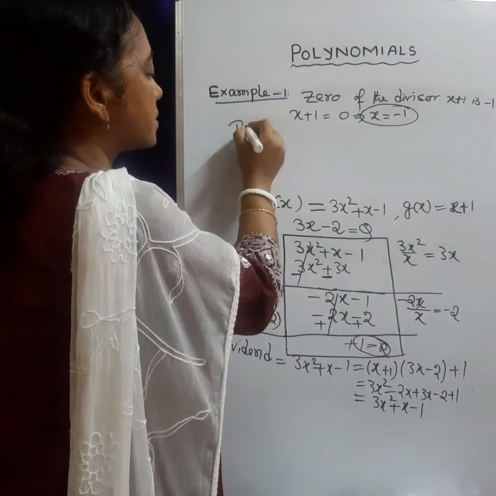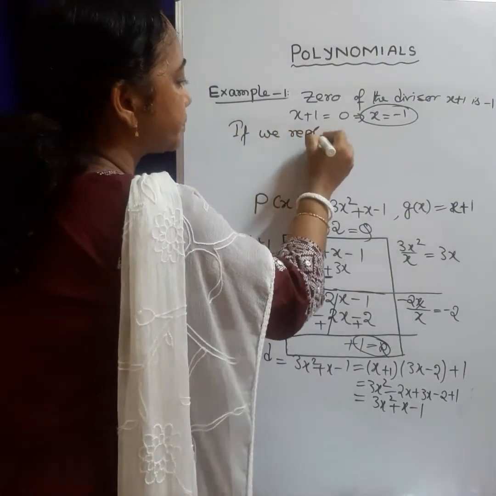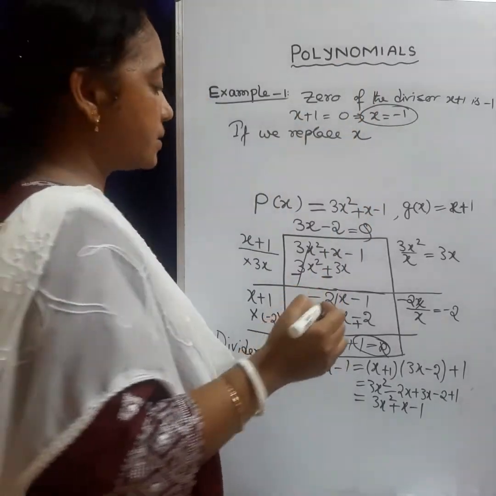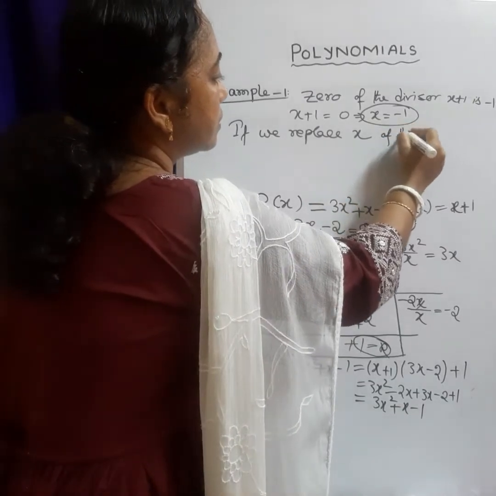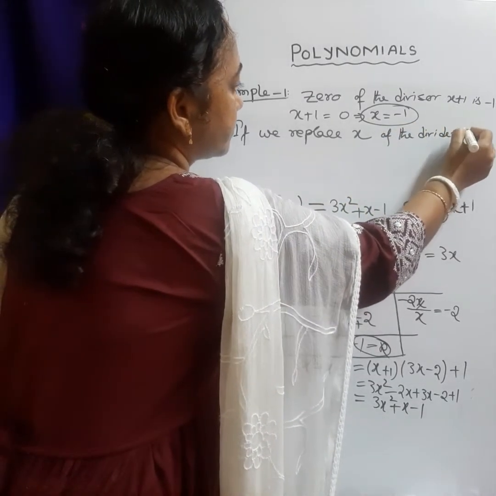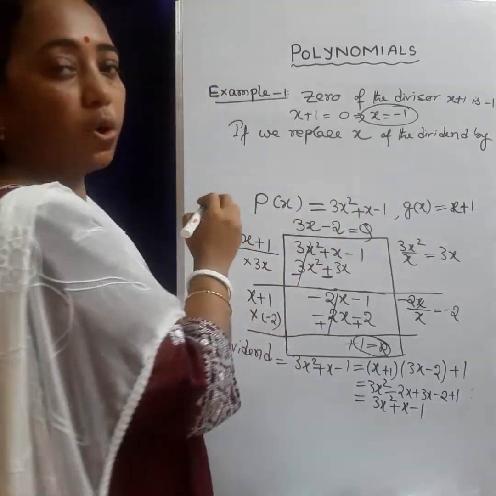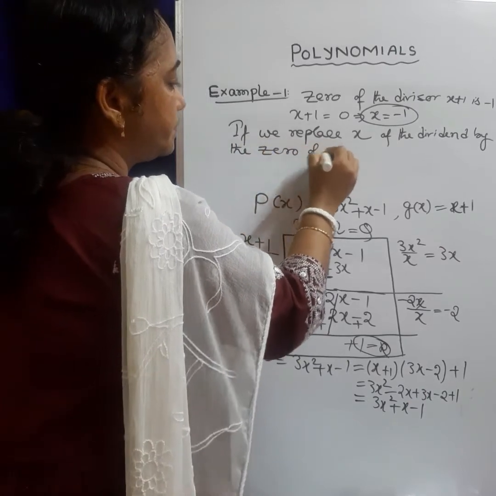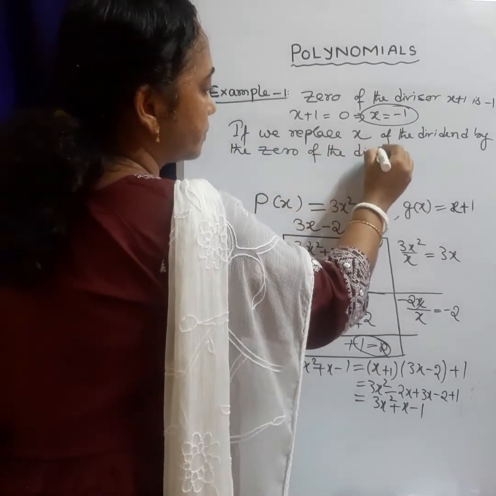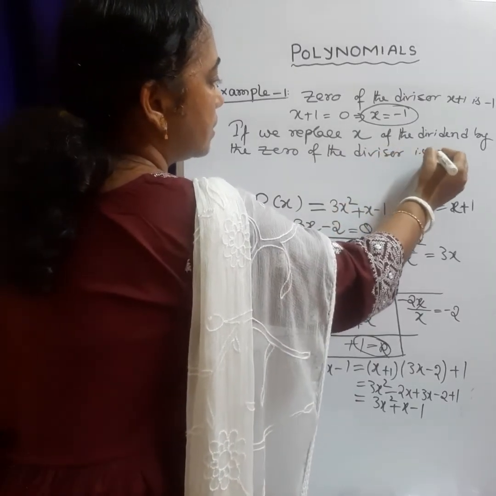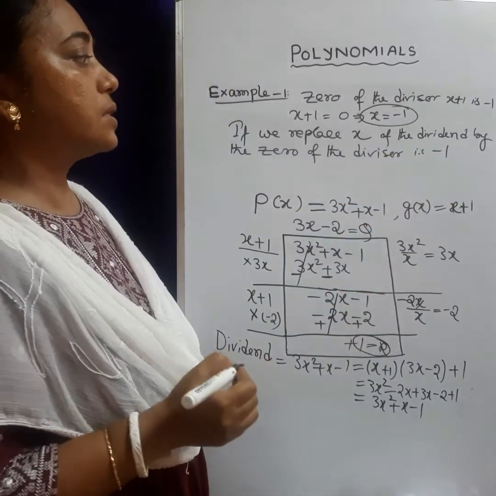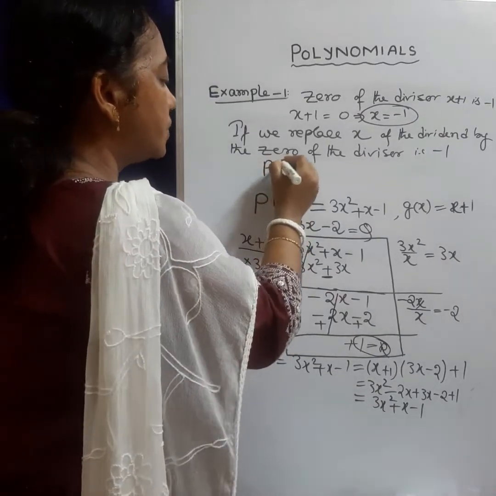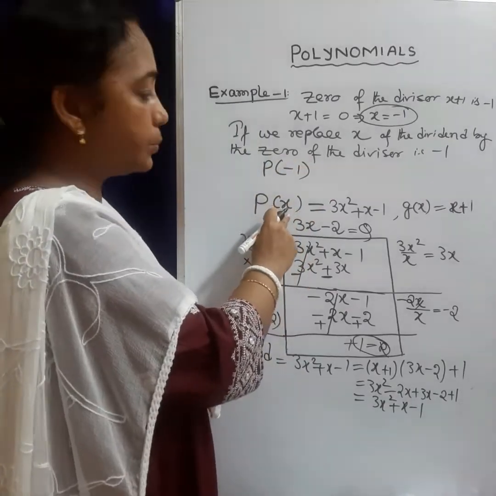Now if we replace the variable x of the dividend by the 0 of the divisor, that is minus 1, then we get p of minus 1, that is, in place of x we put minus 1.